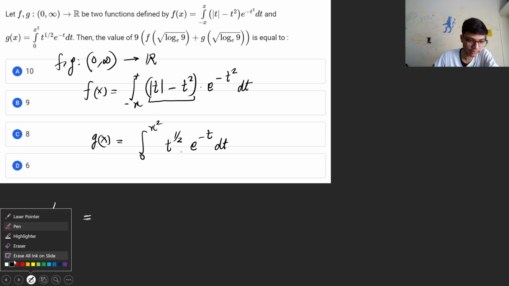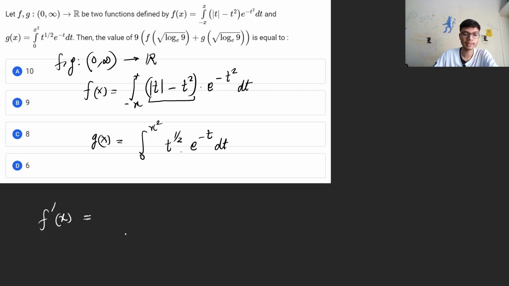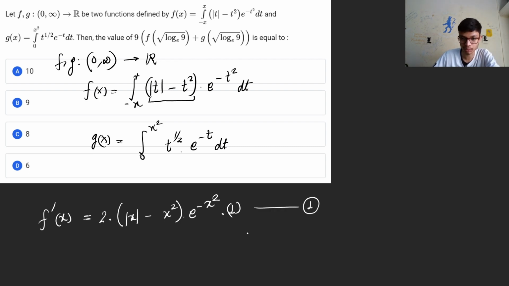I can replace it with 2 times the integral from 0 to x of mod of t minus t square into e to the power minus t square dt, which gives the same result. If I differentiate it, the result is going to be 2 times mod of x minus x square into e to the power minus x square into the differentiation of x, that is 1. This is the result for f dash of x. Let us write this as equation number 1.